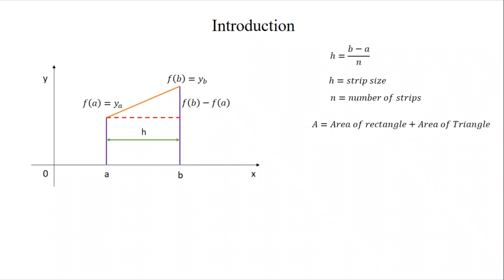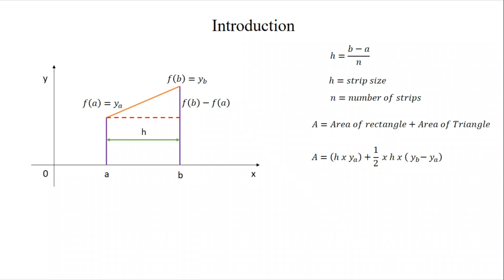Now area, how to find? Area of rectangle plus area of triangle is nothing but the total area of this strip. So area of rectangle, how to find? That is length into width. So h is the width and ya is the height, so h into ya plus 1 by 2 h into yb minus ya.